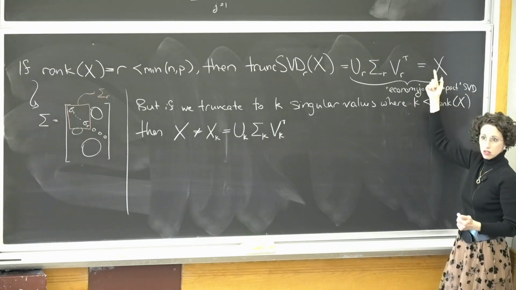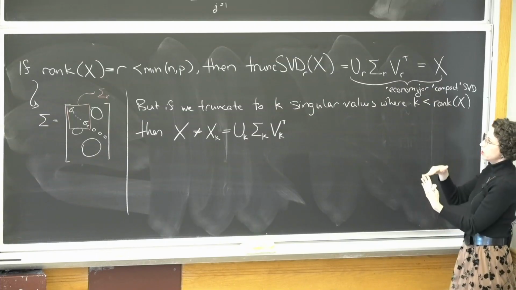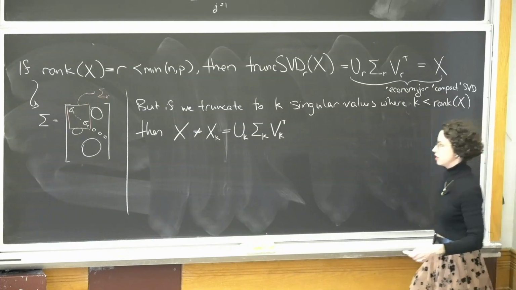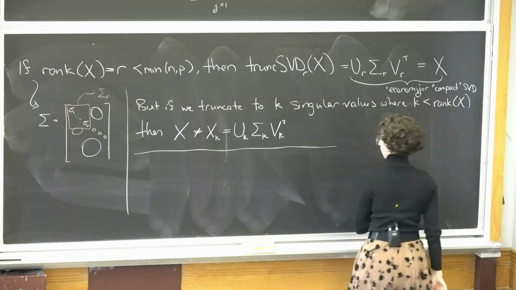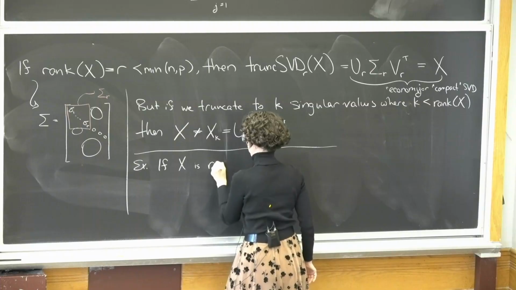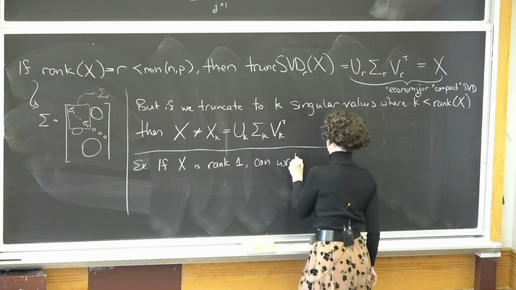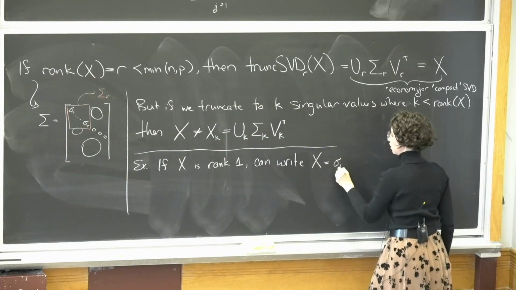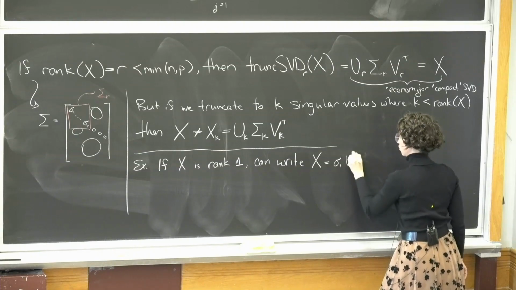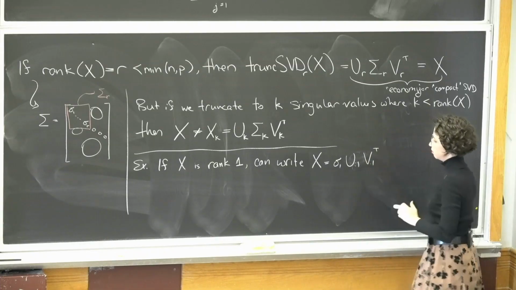Like if my matrix X is rank 1, then I could write X as the outer product of 2 vectors. So for example, if X is rank 1, I can write X as being equal to sigma 1 times U1, the first column of U, times the first column of V transpose.